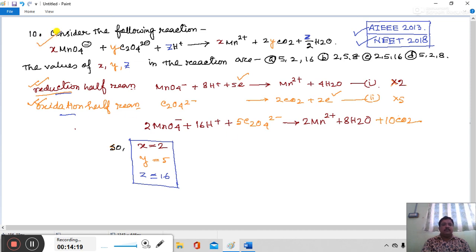So by comparing this equation, we get x equal to 2, y equal to 5 and z equal to 16.